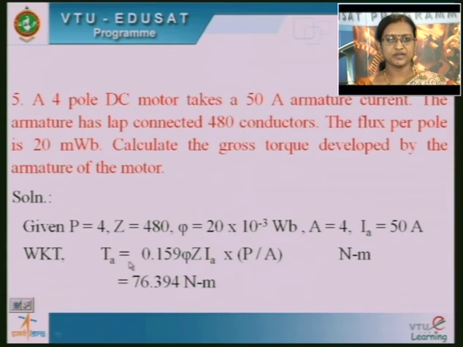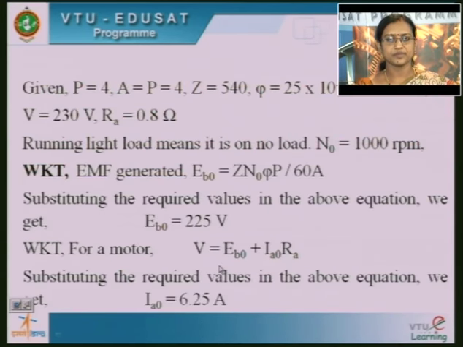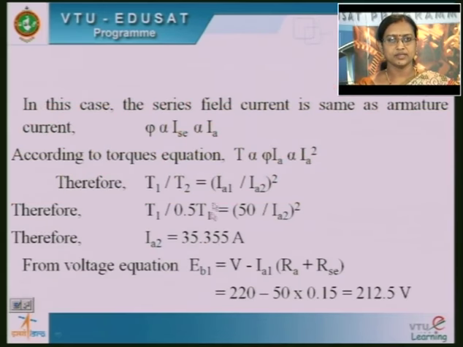Now, TA is depending on what? TA is directly proportional to phi into IA, and in this case phi is directly proportional to IA also. So, since phi is directly proportional to IA, we can say that T is directly proportional to IA square.